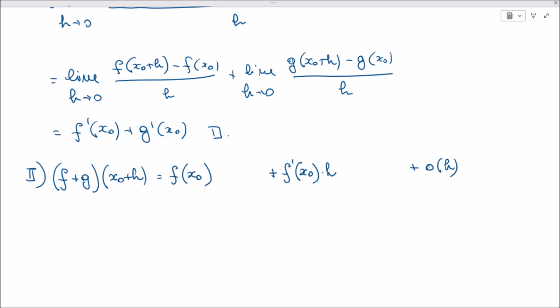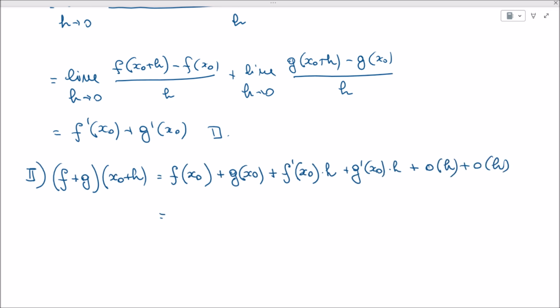This is basically f of x naught plus h, and then we have g of x naught, then we have g prime of x naught, and another little o of h.